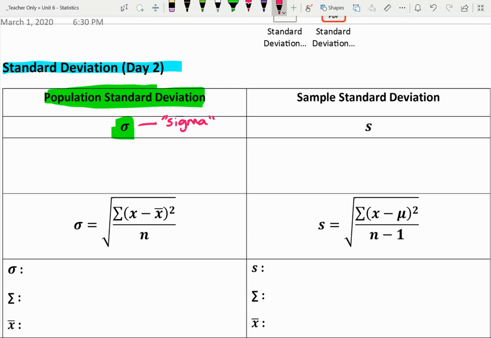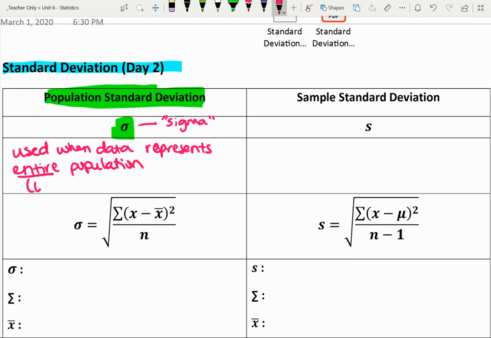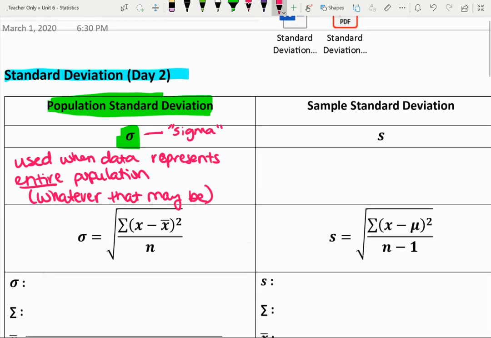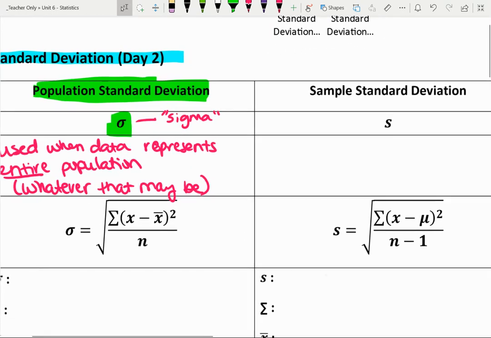And so the population standard deviation, just like in its name, is used when the data represents the entire population, whatever that may be. So that's what population standard deviation is.